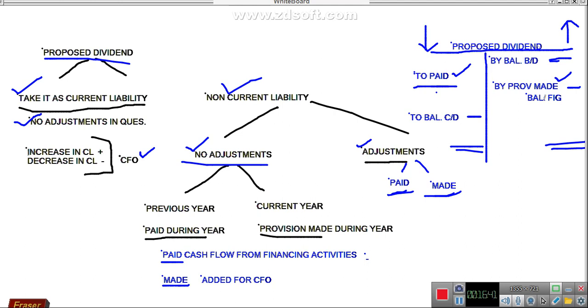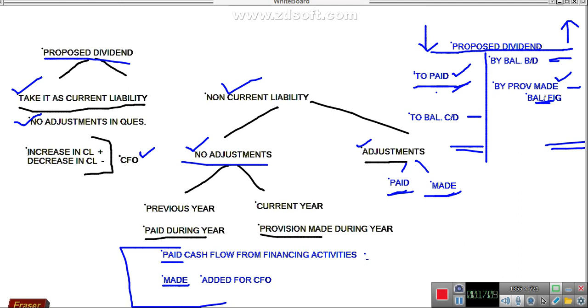So if you have been given paid during the year in the adjustment, provision made will be your balancing figure. And if you have been given provision made during the year, then paid during the year will be your balancing figure. So the adjustments are the same: paid goes in cash flow from financing and made goes in cash flow from operating activities.